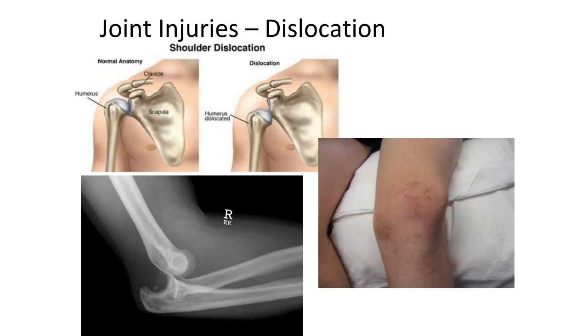A joint dislocation is definitely a step up from a sprain. You can see here, and then here is the dislocation. The joint has become completely separated. The two ends of the bone have become separated and are no longer lined up.